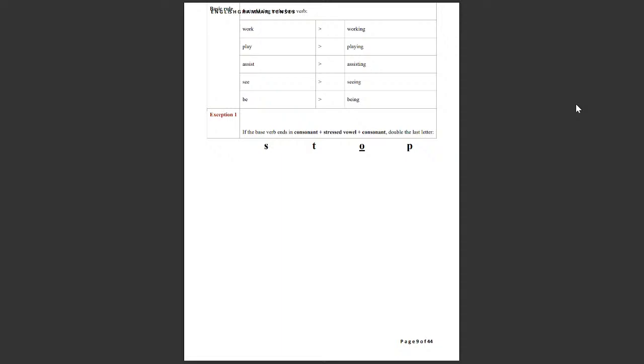If the base verb ends in a consonant, be careful. If the base verb ends with a stressed vowel plus consonant, double the last letter. So this is like stop.